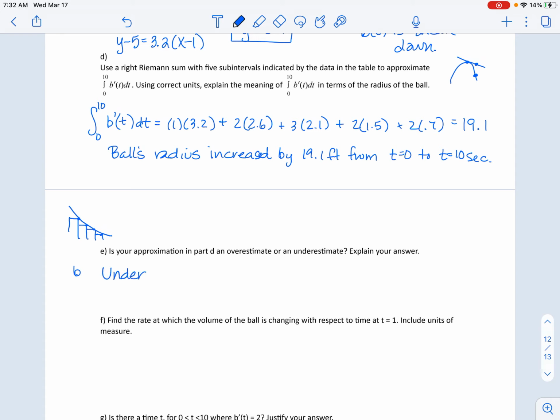So underestimate, because b prime of t is decreasing.